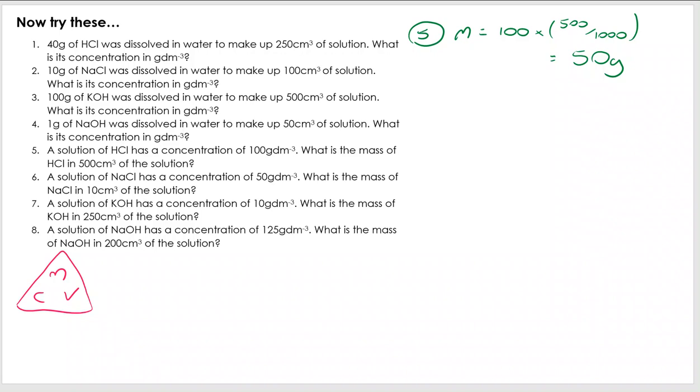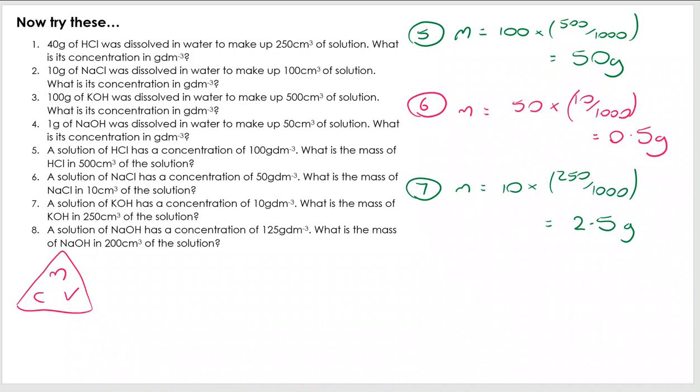Means that I've got 50 grams dissolved in there. I do the same again here, remembering, I know I keep pointing it out, but I'm converting my centimetres cubed to decimetres cubed. I'm dividing by 1,000 each time. Half a gram in number 6, 2.5 grams for number 7, and 25 grams for number 8.